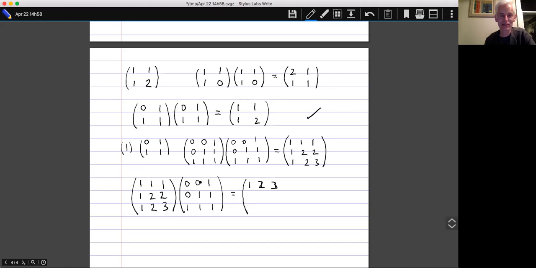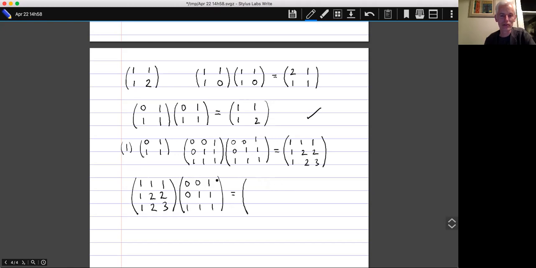And then the next one is going to be adding together. I think I miraculously got this right, but 1, 2, let's look at columns first of all.